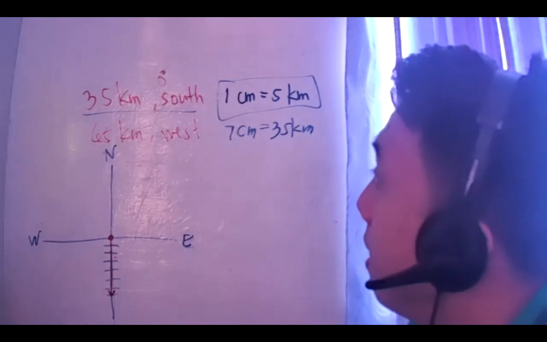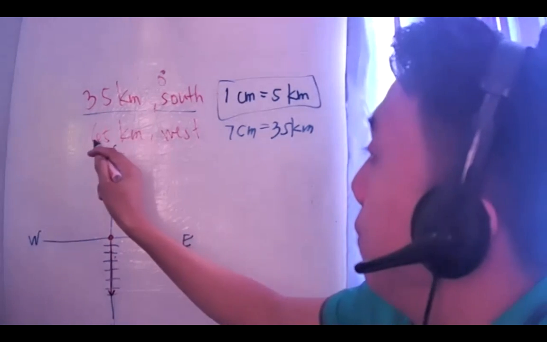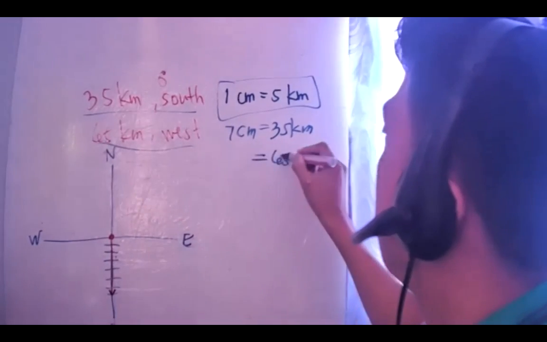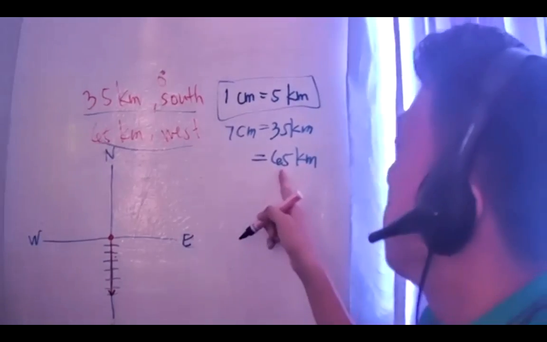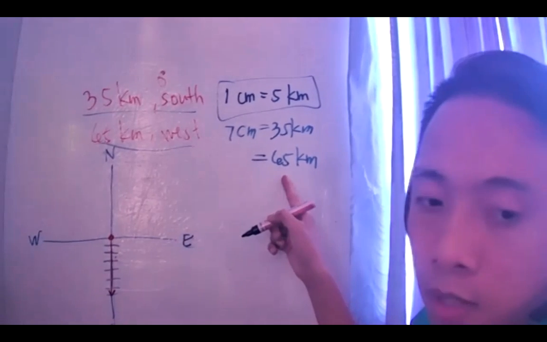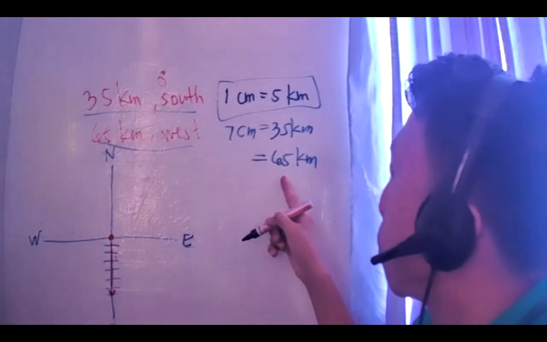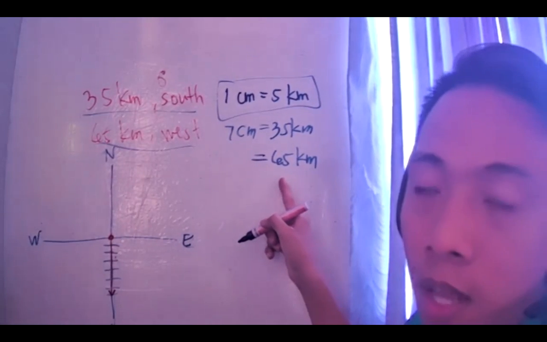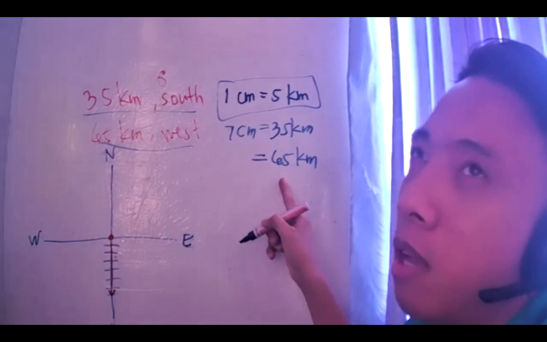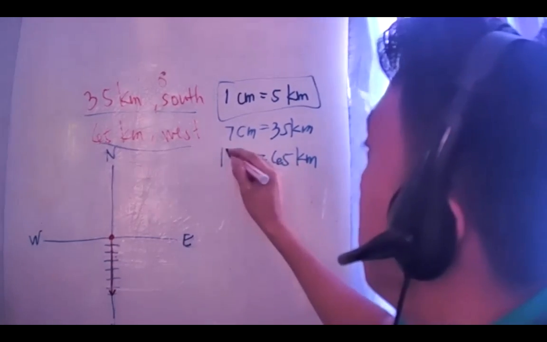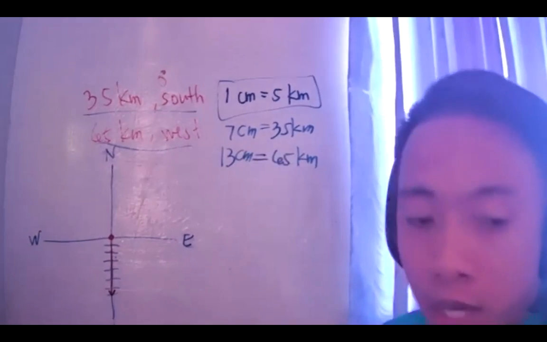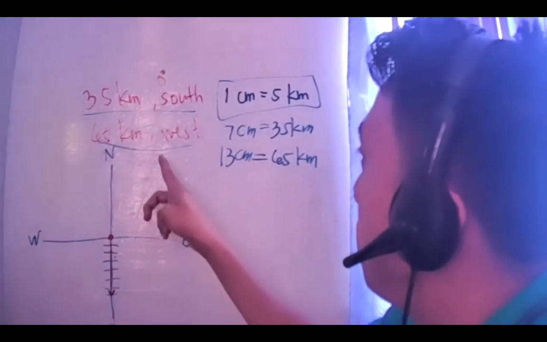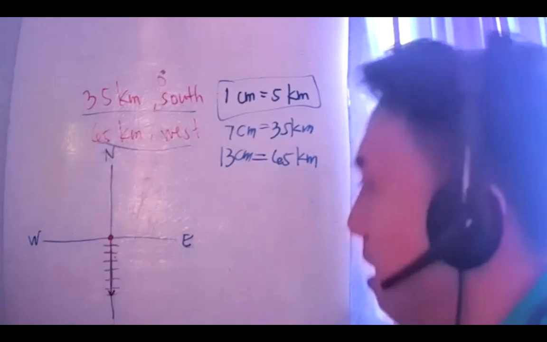And then, for 65 kilometers, we will just divide it by 5. This will be 13. 13 times 5 is, yeah, 13 centimeters. So this one is going to the west naman tayo.